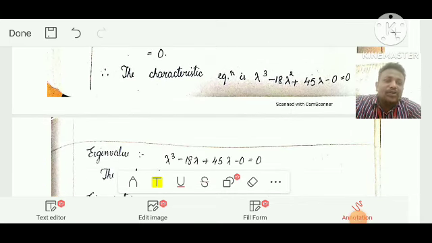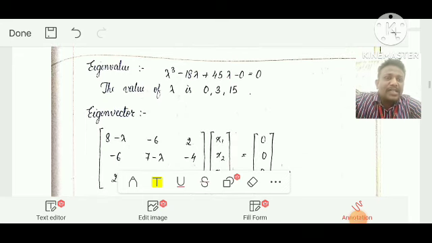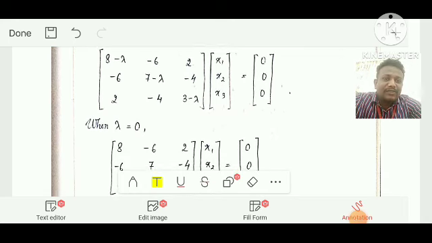From this you need to find the eigenvalues. There are many methods to find eigenvalues; you can take any method which you feel is easy. With the help of a calculator, I have calculated my eigenvalues as 0, 3, 15. For these eigenvalues I need to calculate the eigenvectors by the given formula.